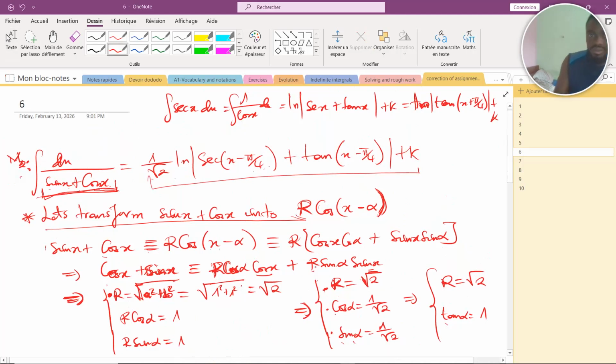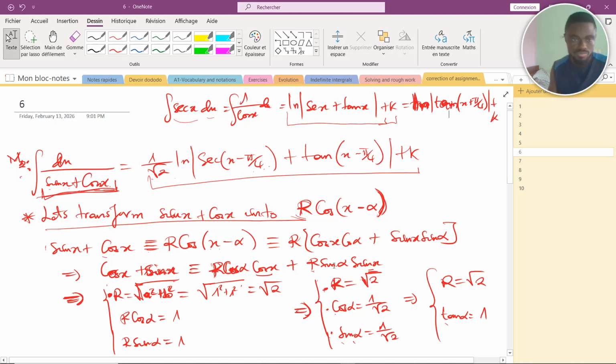I want you to remember that when we were integrating sec x dx, which is the same as 1 all over cos x, the integral was equals to ln of the absolute value of sec x plus tan x plus k, or it is equals to ln of the absolute value of tan of x over 2 plus pi on 4, plus the constant k.